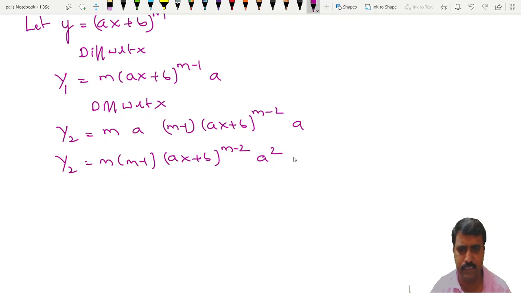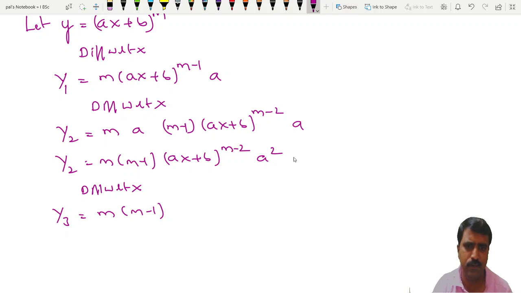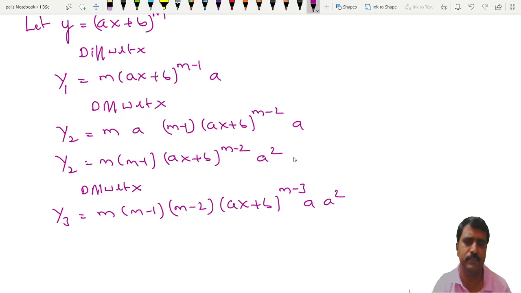Again you differentiate this y2. Differentiation of y2 gives y3. Differentiate this with respect to x. So y3 is equal to m into m minus 1, that are constants, keep that as it is. Differentiation of ax plus b to the power m minus 2 is m minus 2 into ax plus b to the power m minus 3 into differentiation of ax plus b, which is a, into a square.